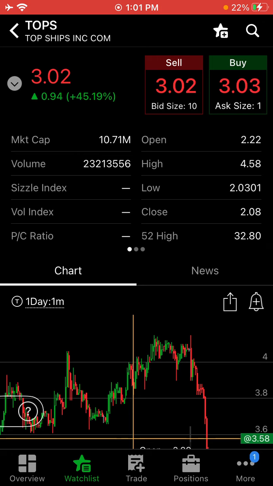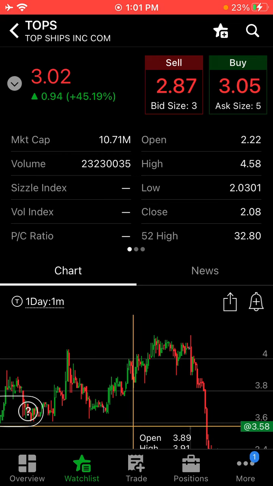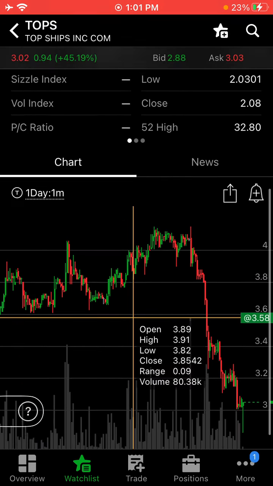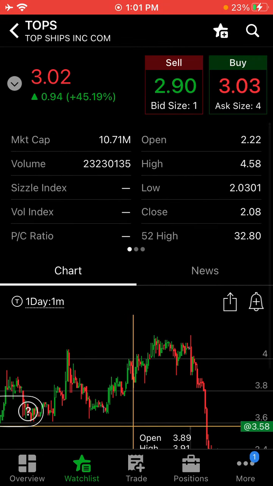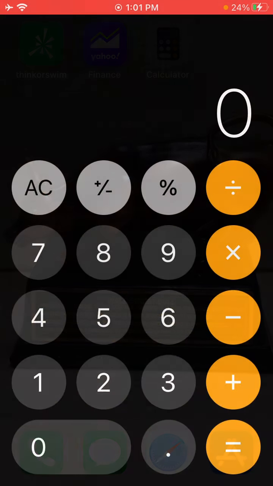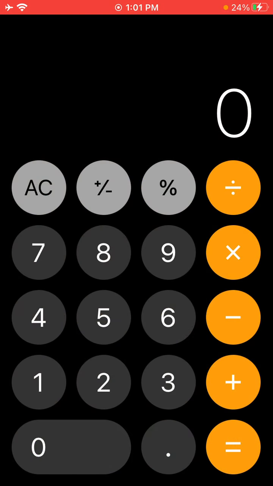Okay, so if we know the market cap and the current price, we can calculate the shares outstanding. Because remember, the market cap equals current price times shares outstanding. So here we can divide the market cap by the current price.